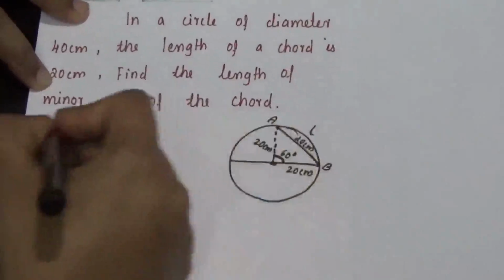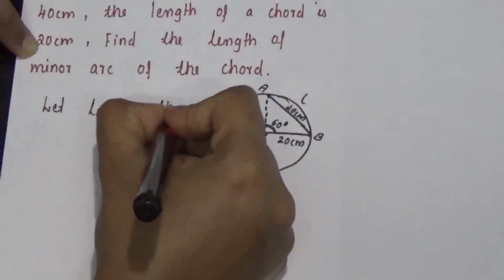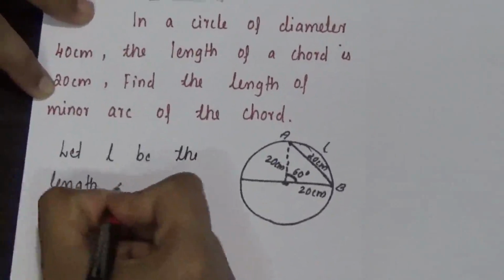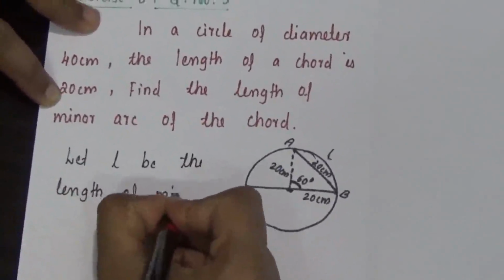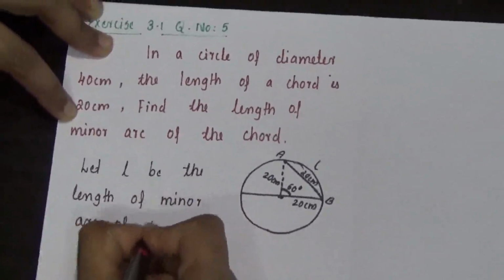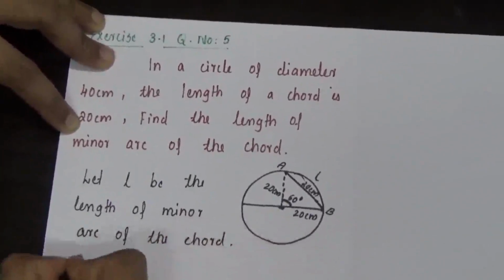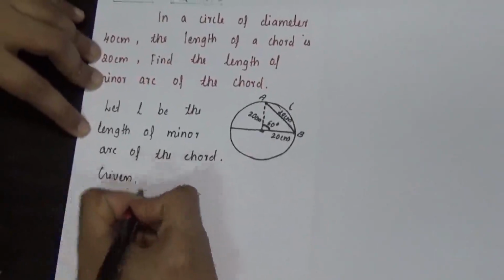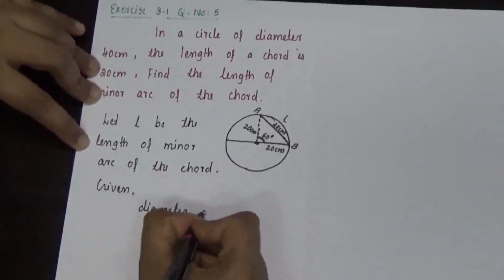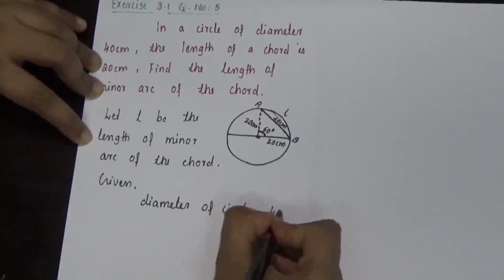Okay, so let L be the length of minor arc of the chord. Now, given diameter of circle is equal to 40 centimeter.